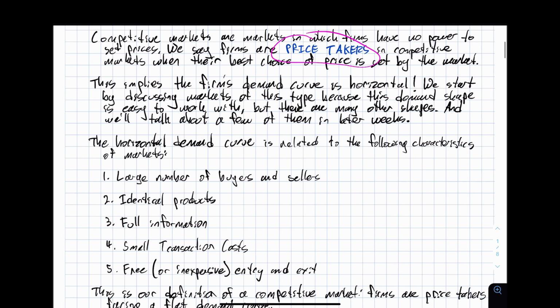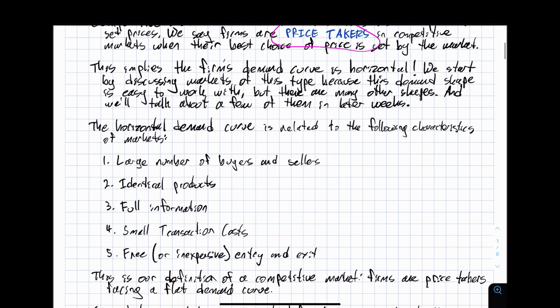So what this means for the individual firm is that their demand curve is horizontal. So the price line for the firm is their demand curve.